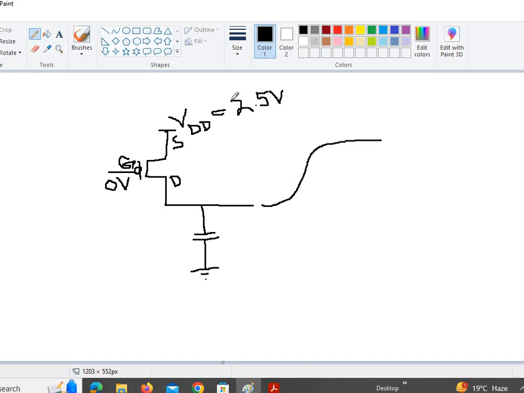Now let us see if we can do it with the help of an NMOS. So for that, let me try to use an eraser so that I can draw an NMOS. For an NMOS, the drain is connected to VDD.